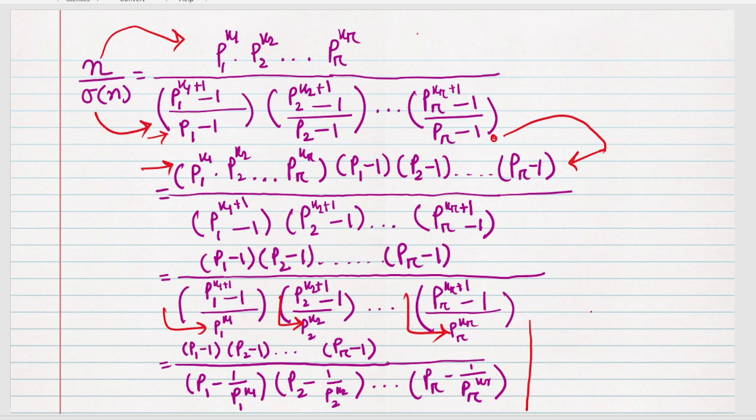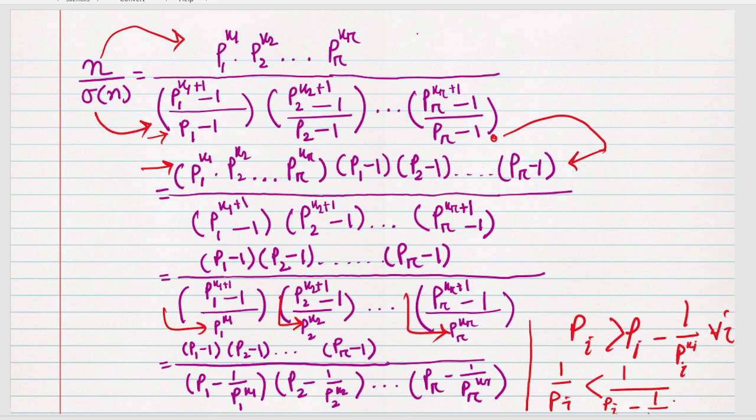But for each i, pi is greater than (pi minus 1) by pi^ki, obviously for all i, and if we take the reciprocal of both sides, 1 by pi must be greater than (1 minus 1 by pi^ki) for all i.